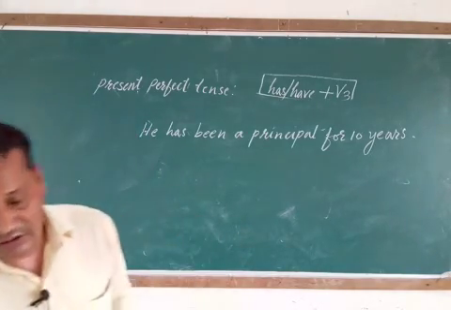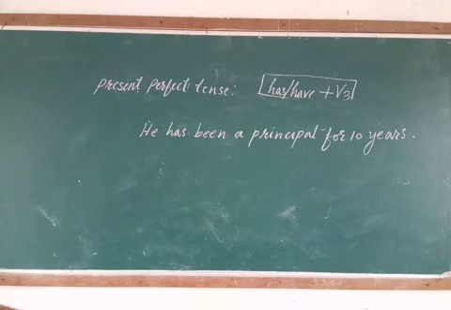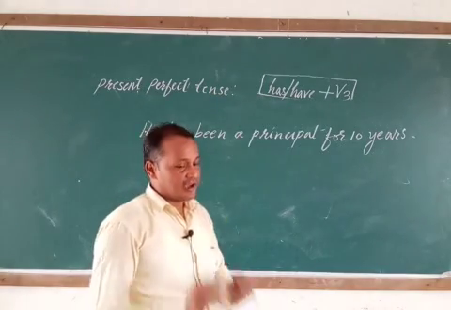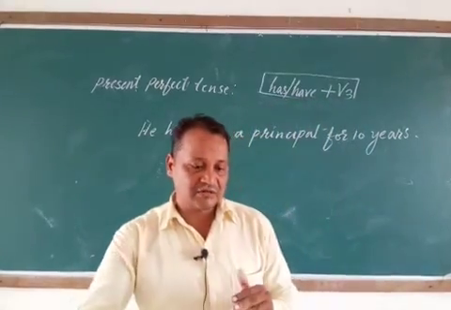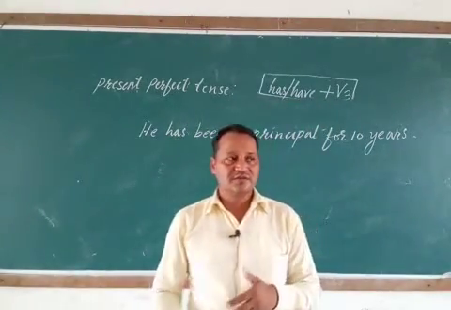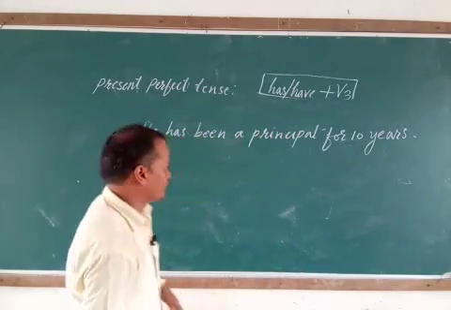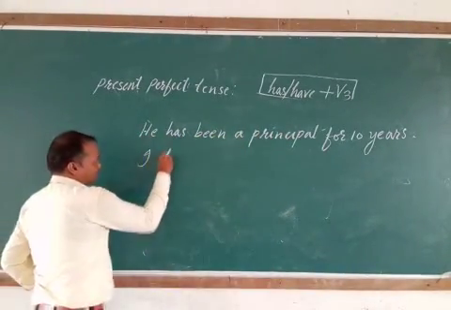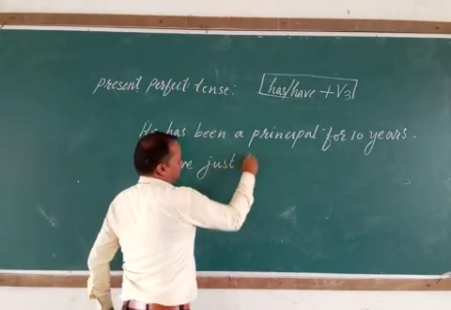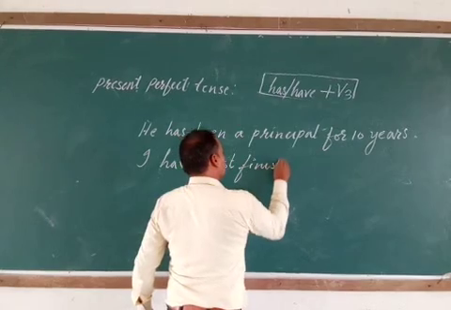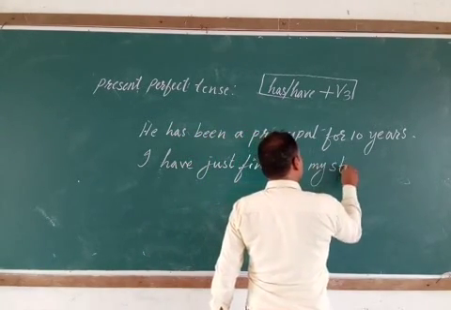So the third use is to describe an event that has completed in the recent past. If any action has just finished, then we will describe it in present perfect tense. I have just finished my studies.